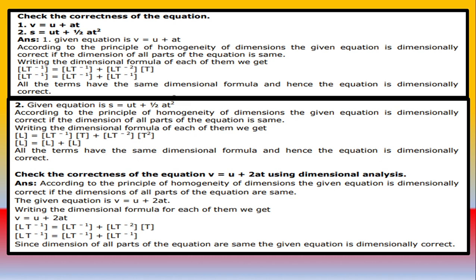Similarly, we write the dimensional formulas for acceleration and time. When we solve, you will come to know that each term in the given equation is separately L t to the power minus 1, L t to the power minus 1 plus L t to the power minus 1. That means all the terms have the same dimensional formula, and hence the given equation is dimensionally correct.